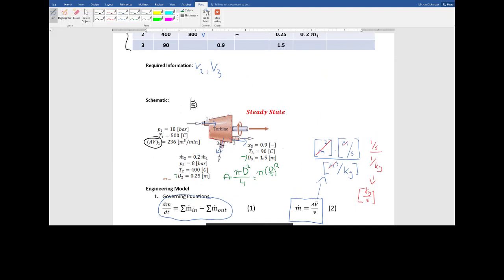So in this case, there is something else that they tell me. And here, what they tell me is that 20% of the inlet mass flow rate comes out at state 3.